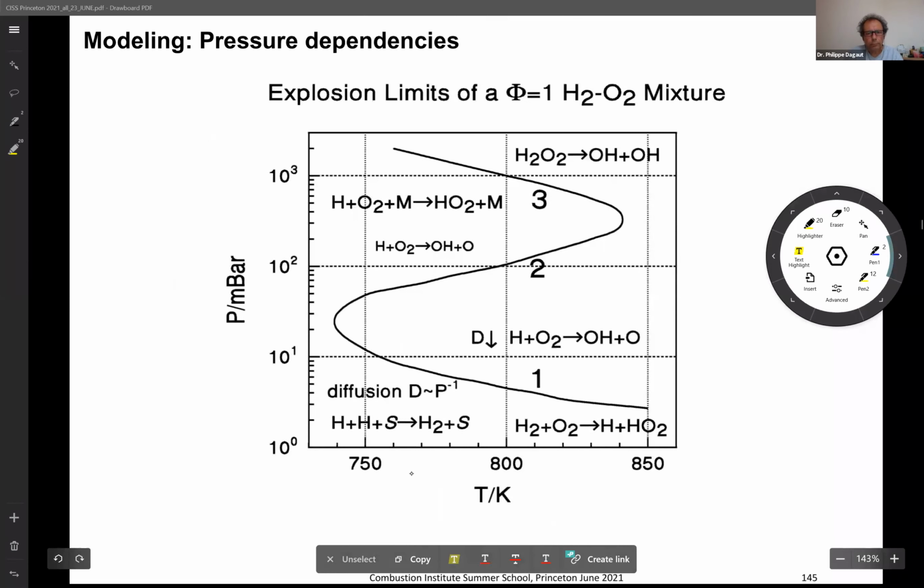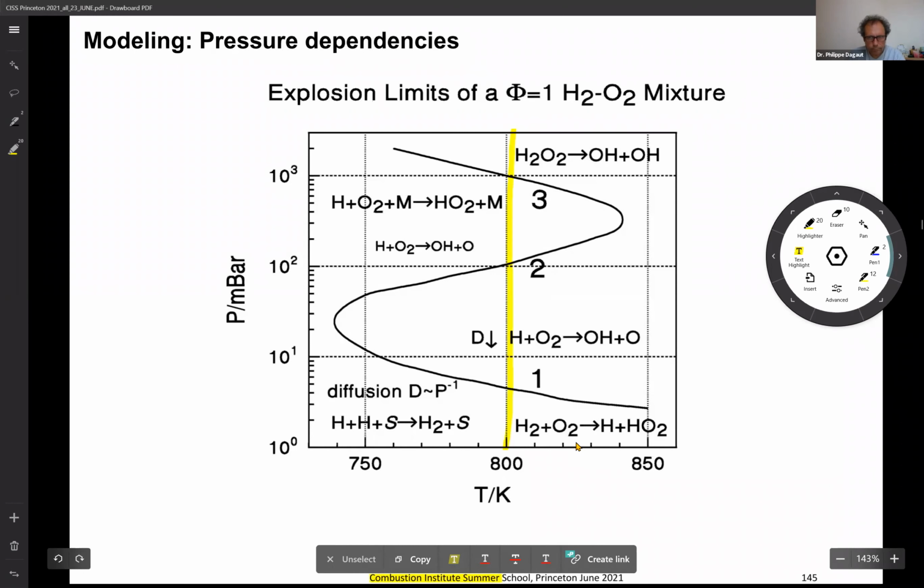So at low pressure, the only reaction usually that can be responsible for the oxidation of hydrogen is the reaction with O2.